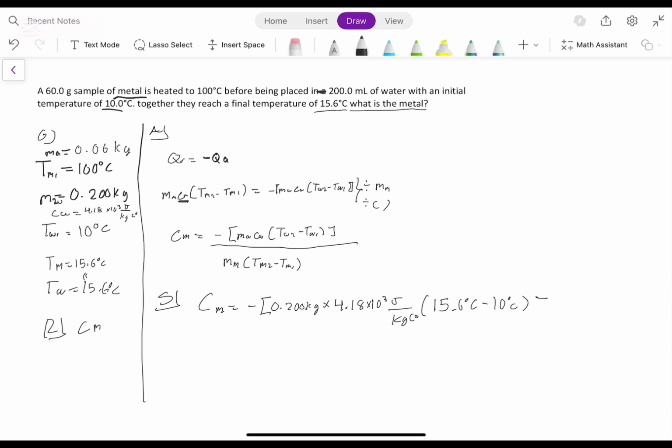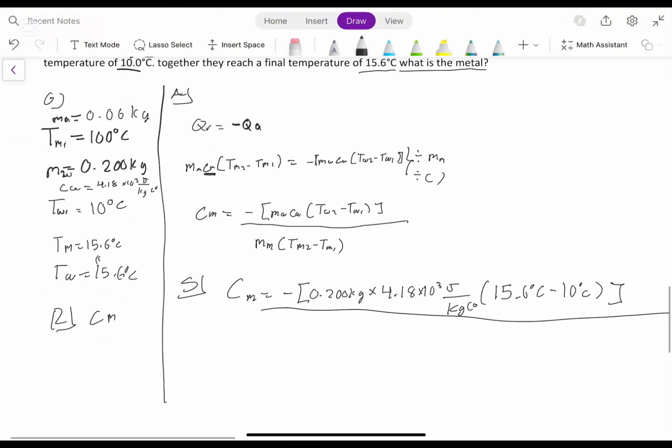And then we can close off this bracket, and then we're going to divide by the mass of the metal, which was 0.060 kilograms, and we're going to multiply that by the brackets, which is, our final is 15.6 degrees Celsius, and we're minusing that by 100 degrees Celsius.